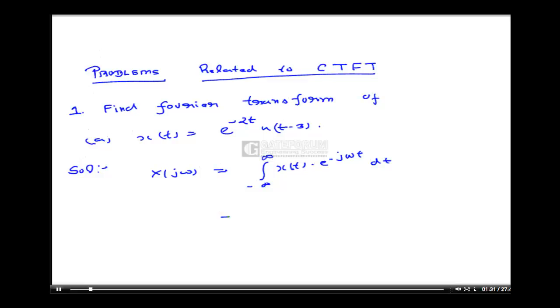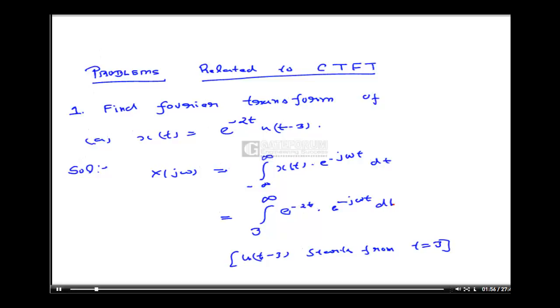So in this I can write the integral from 3 to infinity, because u(t minus 3) starts from t equal to 3, of e to the power minus 2t e to the power minus j omega t dt.